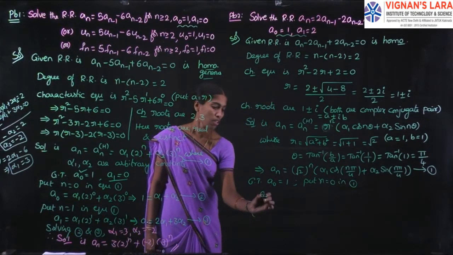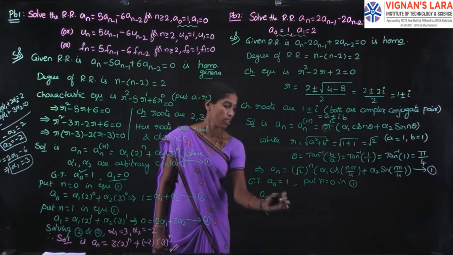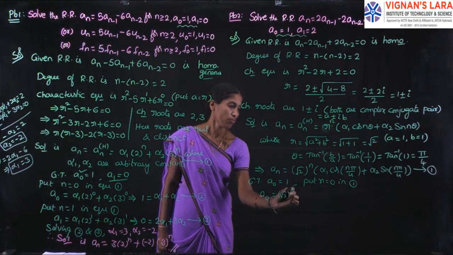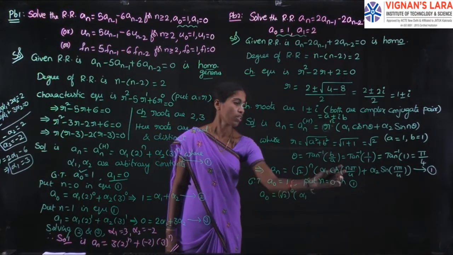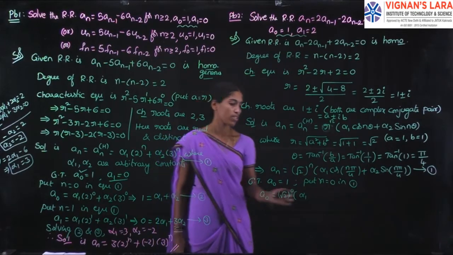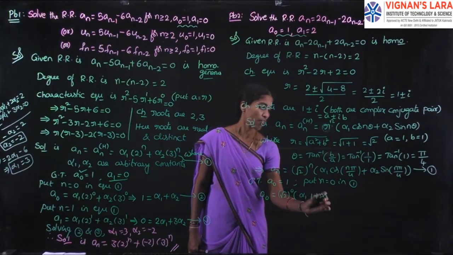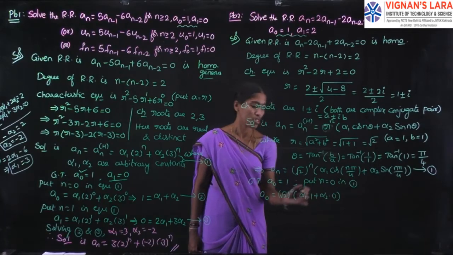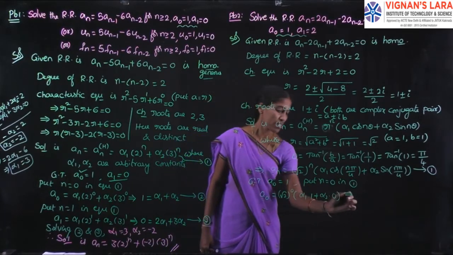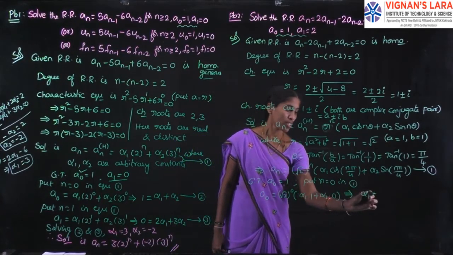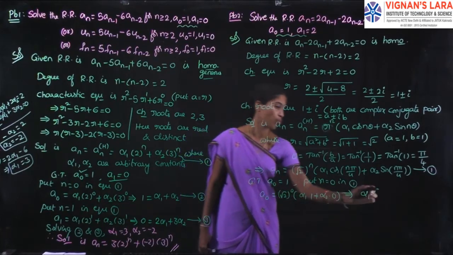So a0 is equal to root 2 to the power 0, alpha 1 cos 0 value is 1 plus alpha 2 sin 0 value is 0. So implies that alpha 1 is equal to a0 value, which is 1.